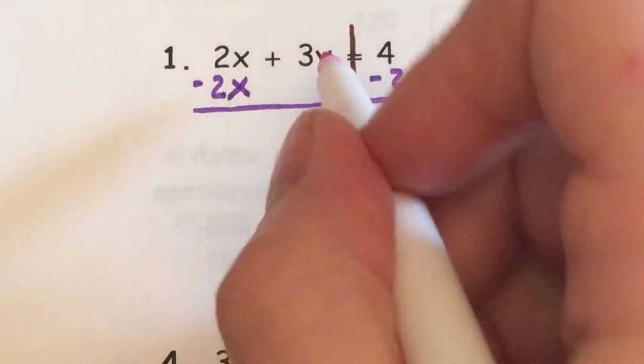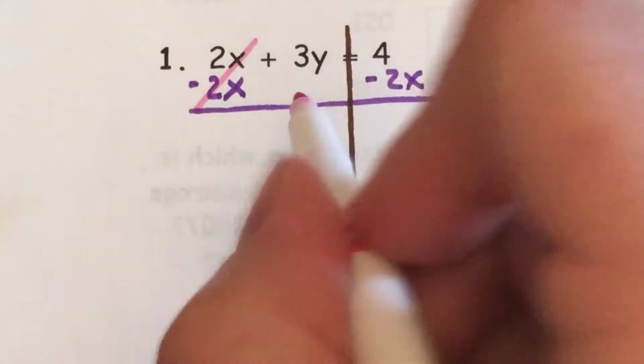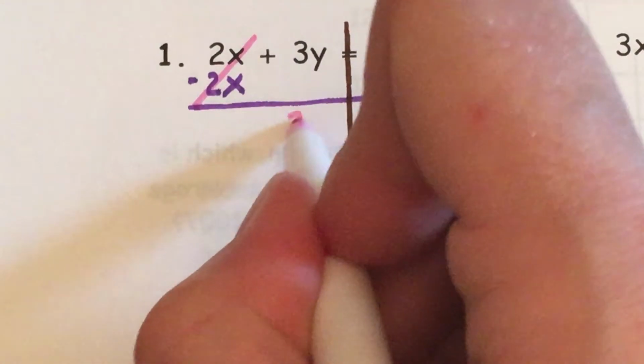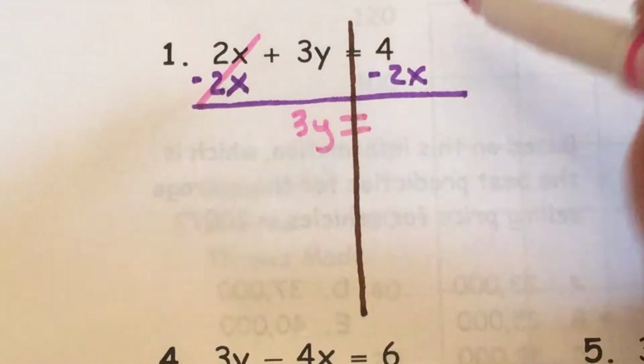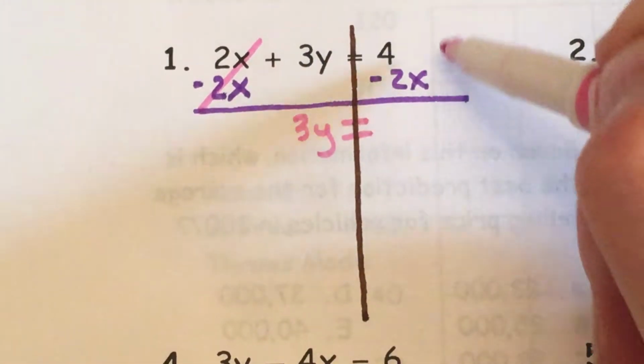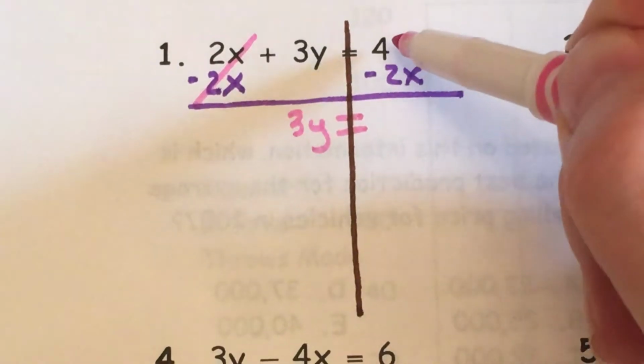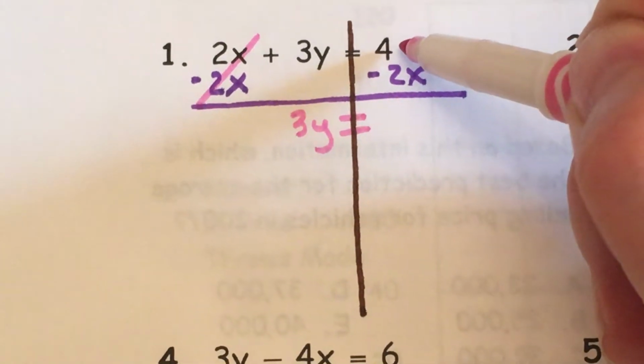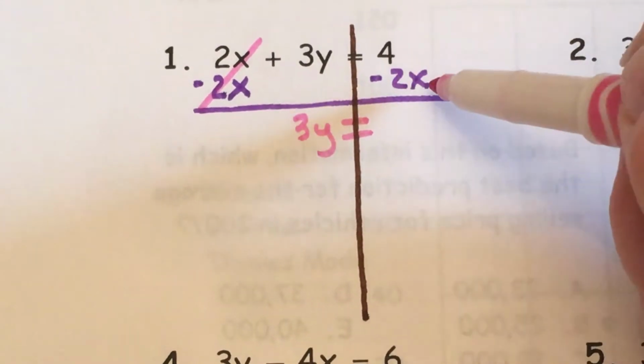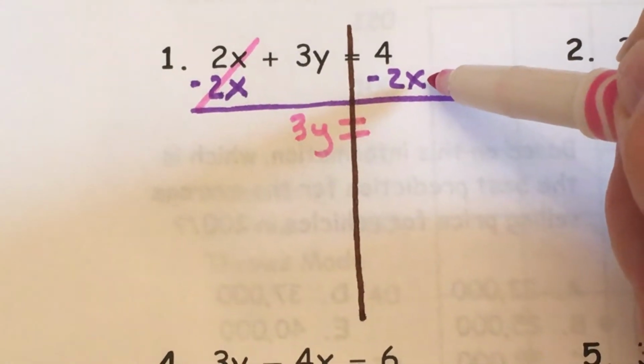Now, we bring down the 3y because the 2x's cancel. And we have to decide what's going to happen on the right side of the equal sign. This 4 is just a constant term 4, while this minus 2x has a variable.